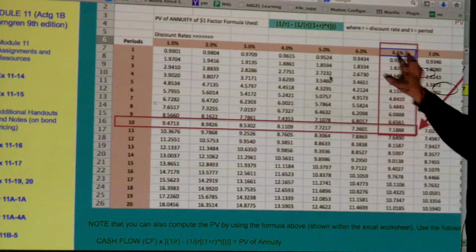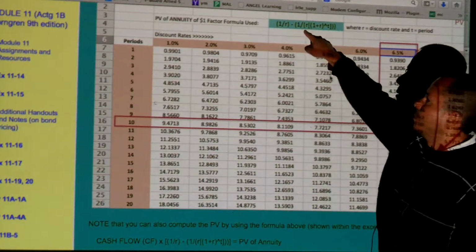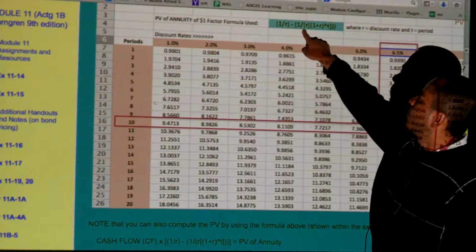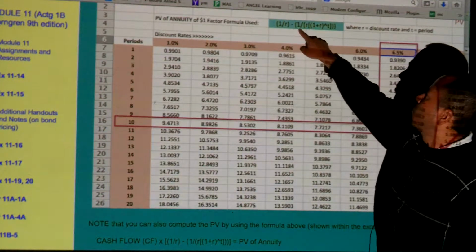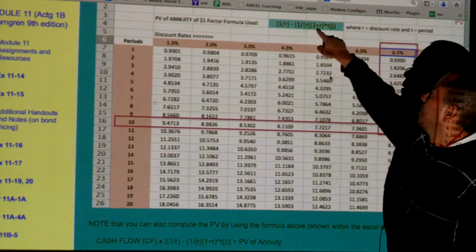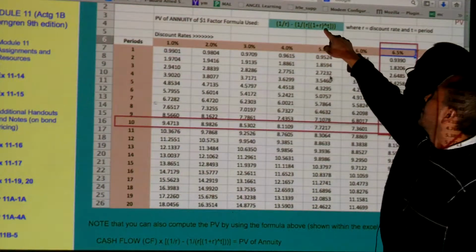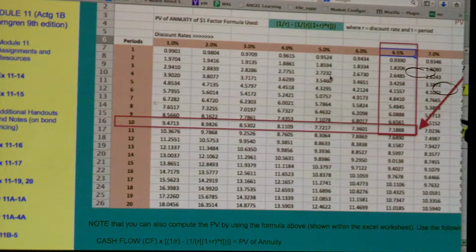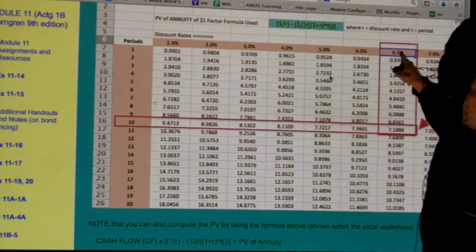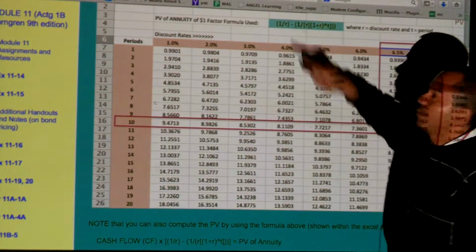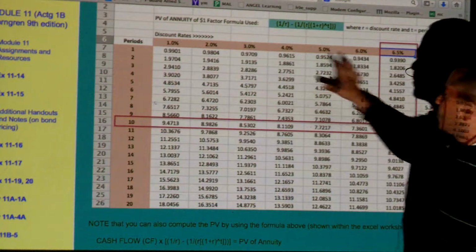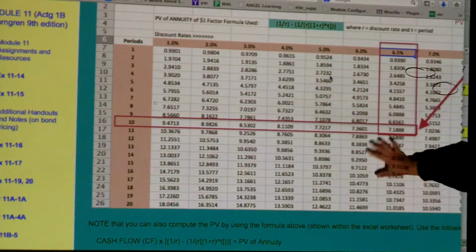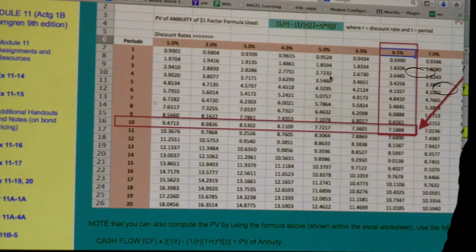Now, if you did not have this table, you can always rely on this present value factor formula. It will be 1 over R, or interest rate, minus 1 over R times (1 plus R) to the T. In this case, the R would be 6.5%, and the T, or periods, would be 10. This table was derived in each case the very same way.